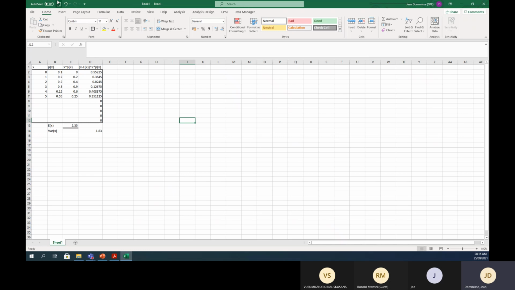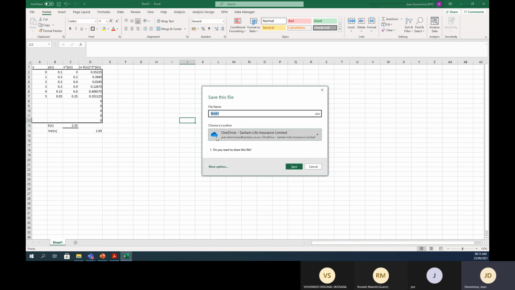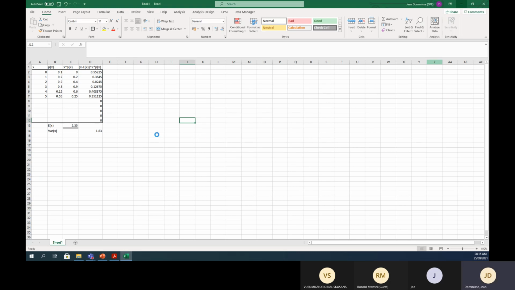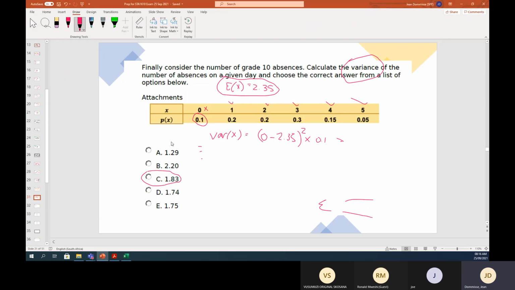Okay, so basically those are the formulas and the easier way to do the expected value and the variance for the discrete probability.